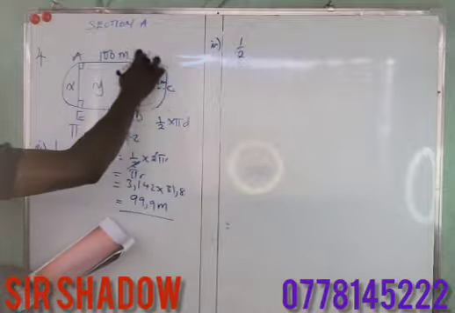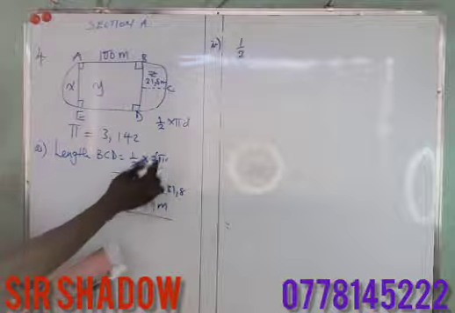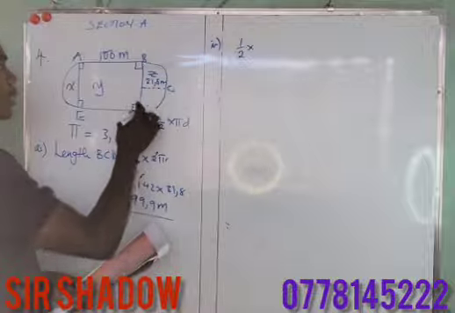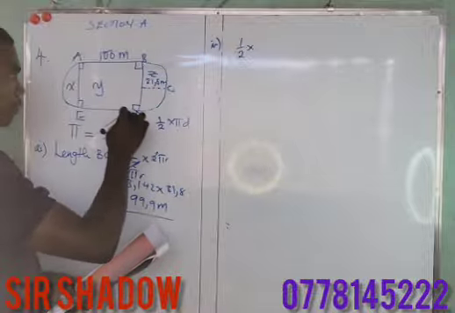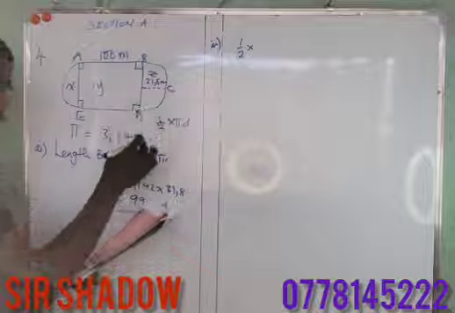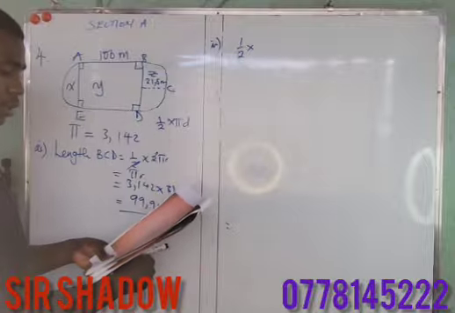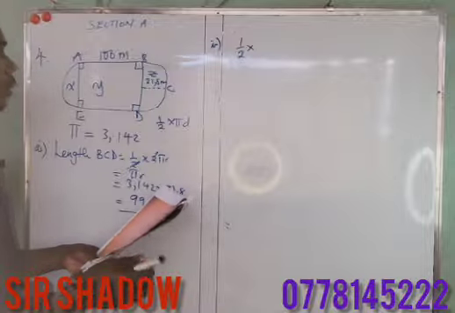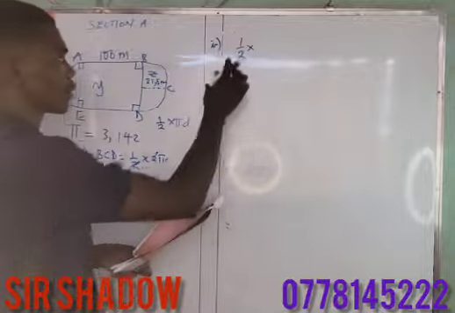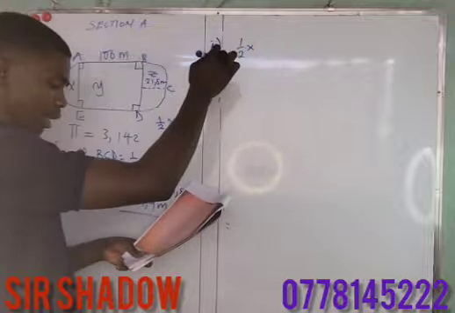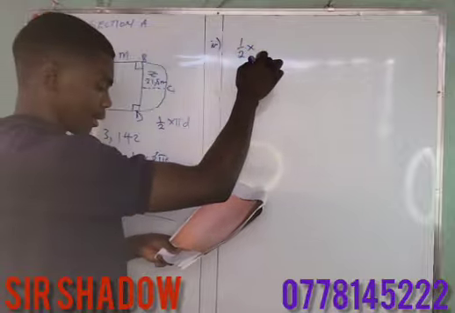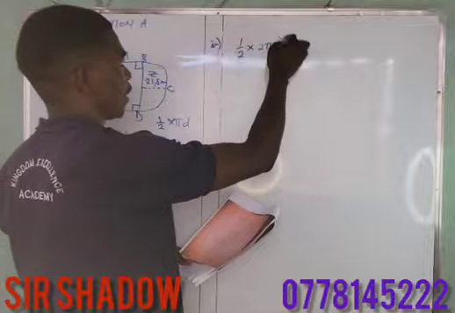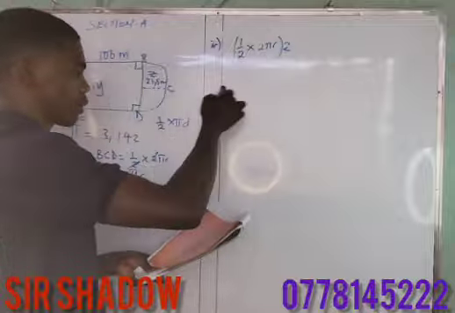So the length, this one, which is half multiplied by 2 pi r, since it's a semicircle. But this one is multiplied by 2, since we have 2 semicircles, right?